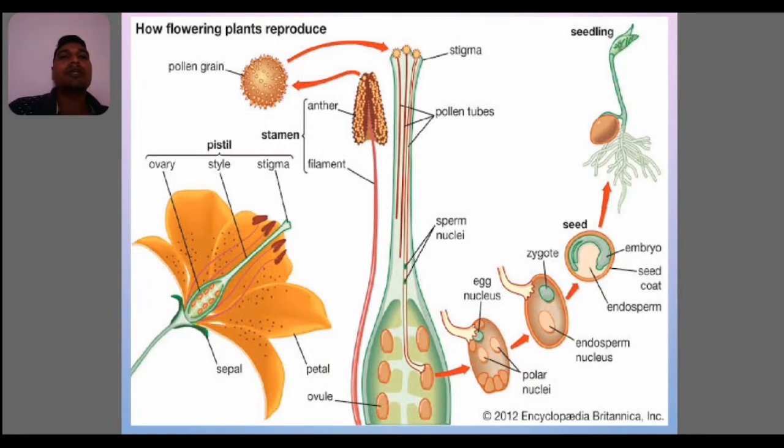When we see how the flowering plants get reproduced, it starts from the flower and ends with the formation of seeds and new seedlings. So it is a continuous journey of reproduction, starting from the flower and lastly forming a new plant.